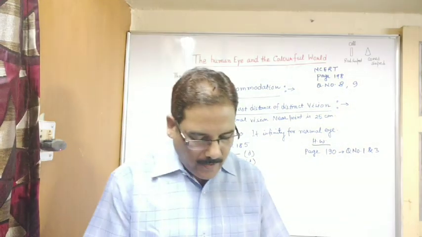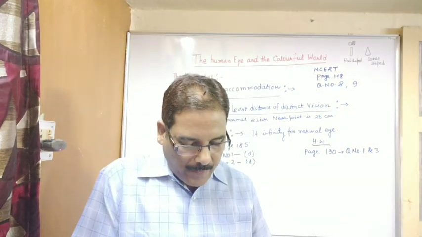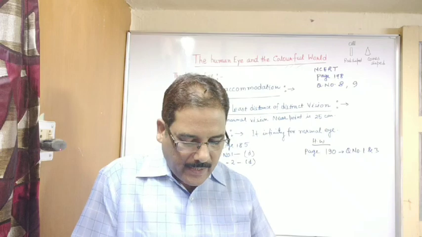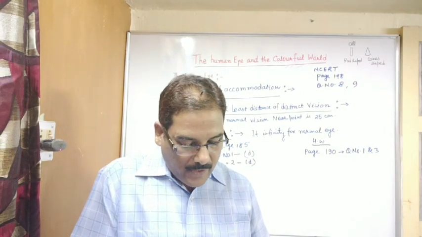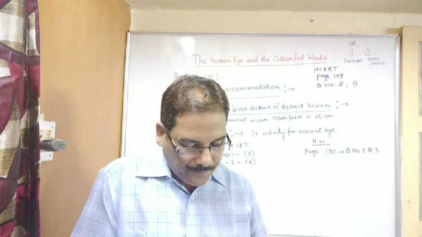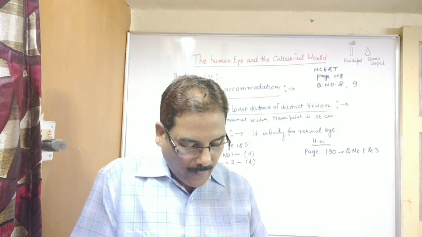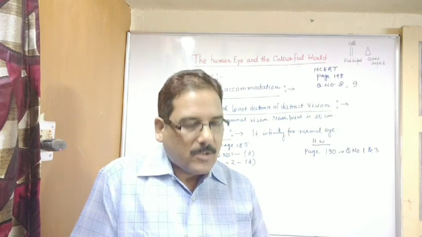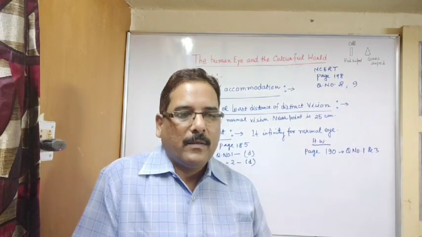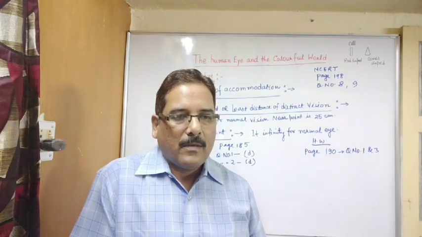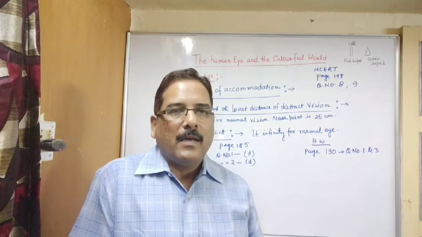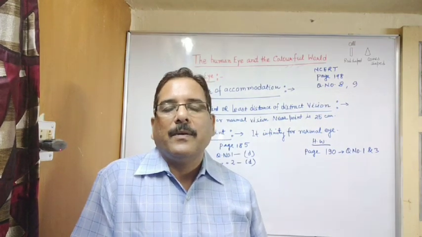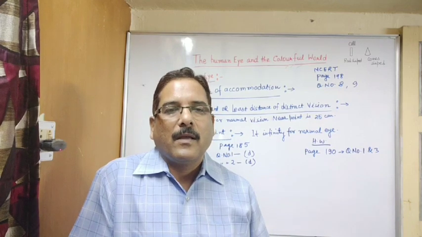Now third question, where should an object be placed in front of a convex lens to get a real image of the size of the object? So when we are getting an equal size of image, the size of object and the size of image are equal, in which case?